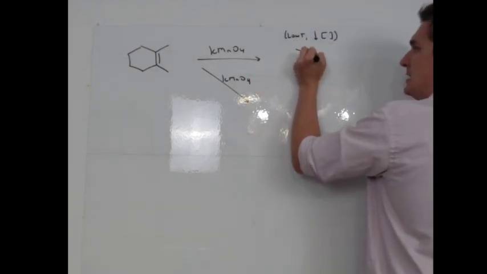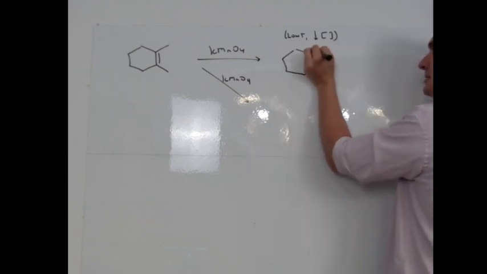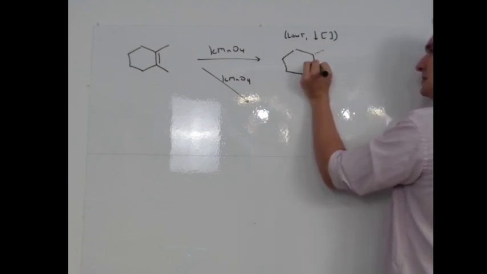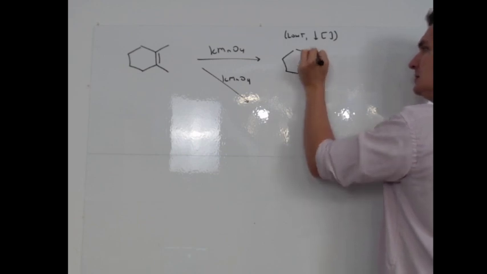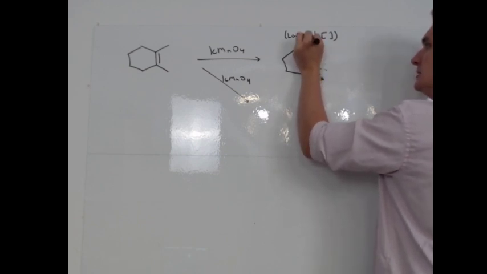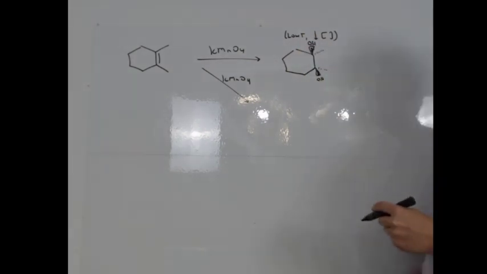So when we add potassium permanganate to this, at low temperature, low concentration, we end up getting this compound.